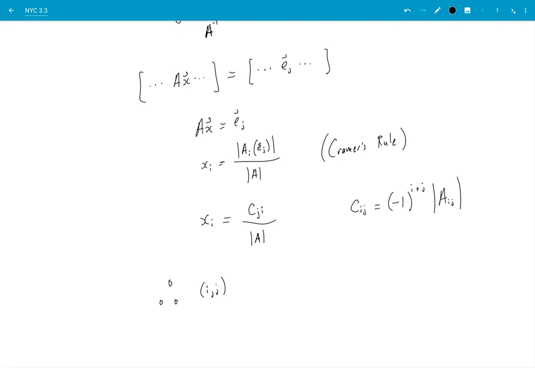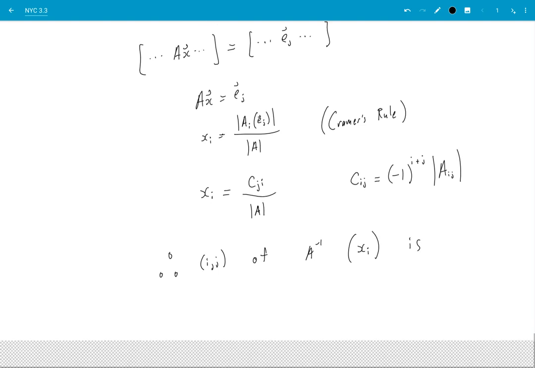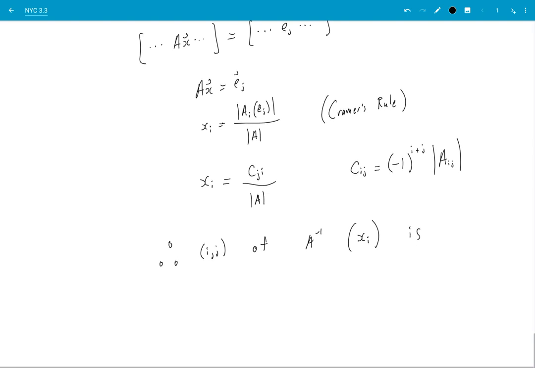Let me say, okay. So the IJ entry of A inverse, which is what we were finding right here, is this fraction.